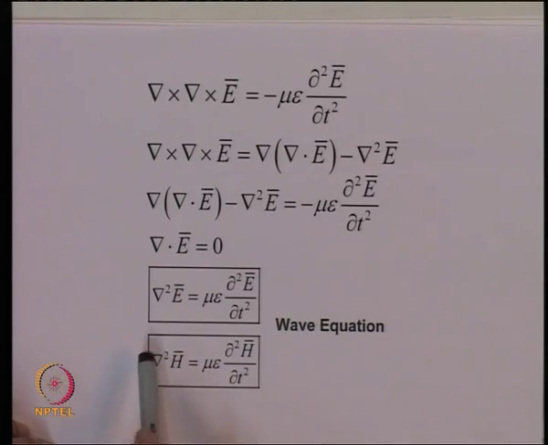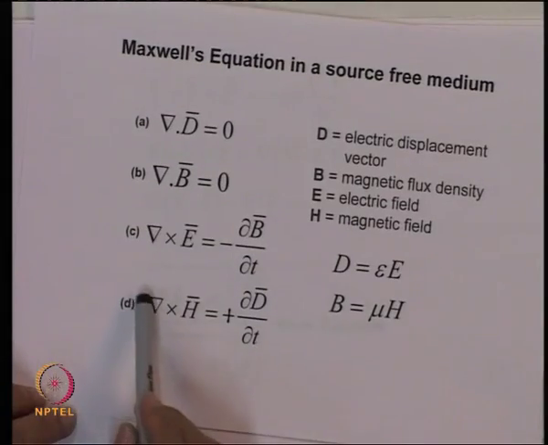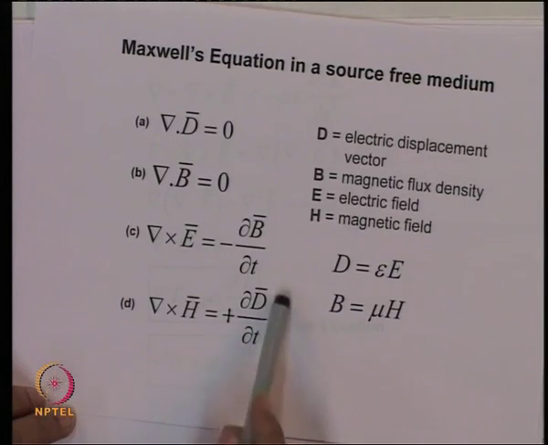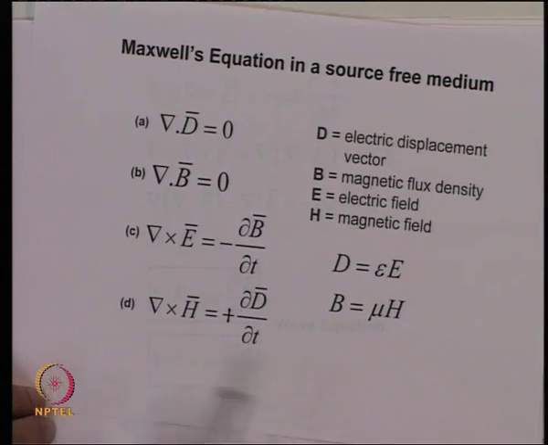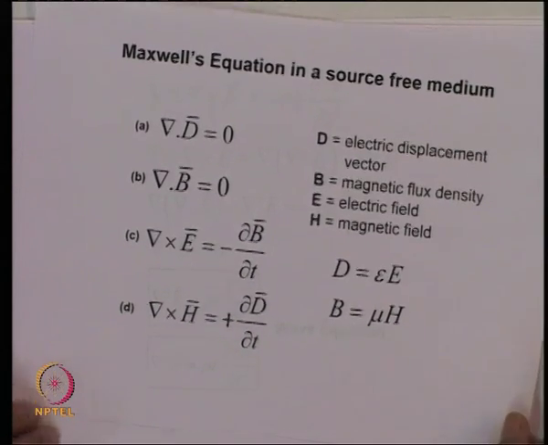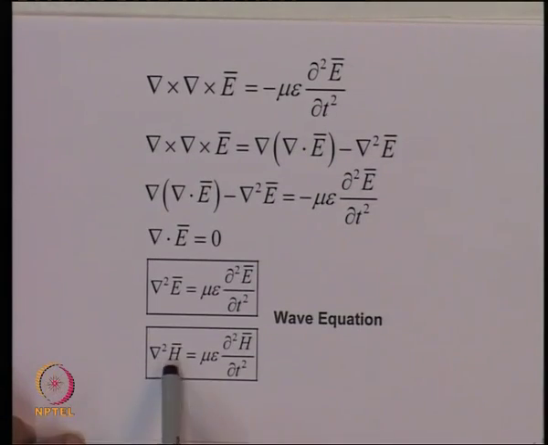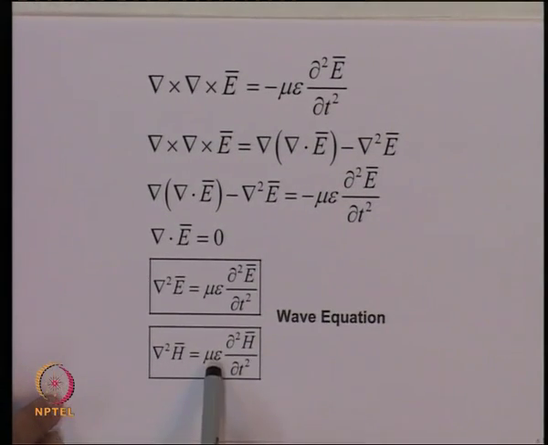So, we get an equation for the electric field which is del square E equal to mu epsilon d squared E upon dt squared. If I had done a similar exercise by taking the curl of this equation and then substituting for del cross E from this equation into this, we would get an identical equation for the magnetic field, which is del square H equal to mu epsilon d squared H upon dt squared.